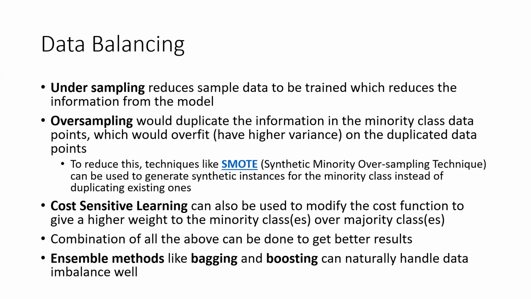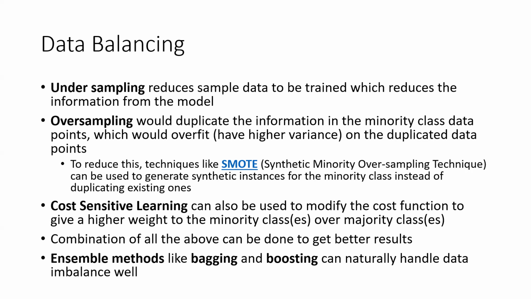The problem with oversampling is that because you are duplicating the minority class, there would be only a few data points. Although you are duplicating to balance the count, you would still have the same few data points in the minority class. Because only a few data points are duplicated many times, the model will try to overfit those data points.